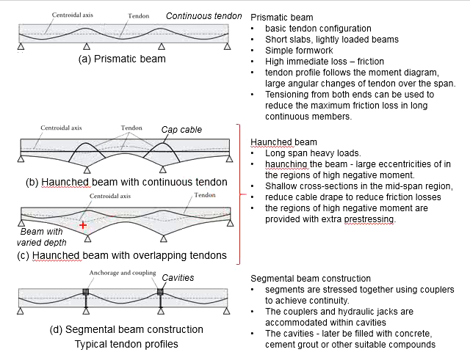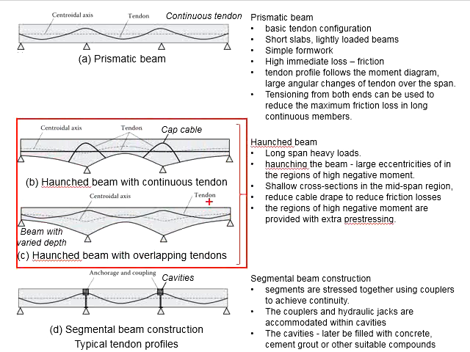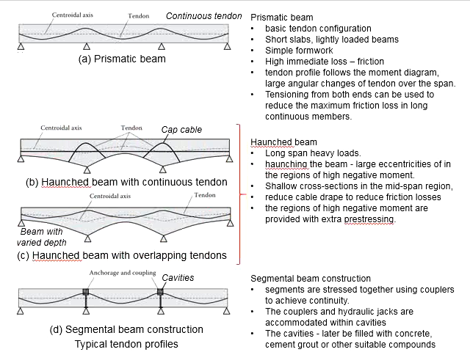The hidden line here represents the central axis, and there are two types of haunch beam in terms of the tendon profile. The first one is the continuous tendon with the cap cable as shown here. The second one has the tendon profile at different positions along the member.